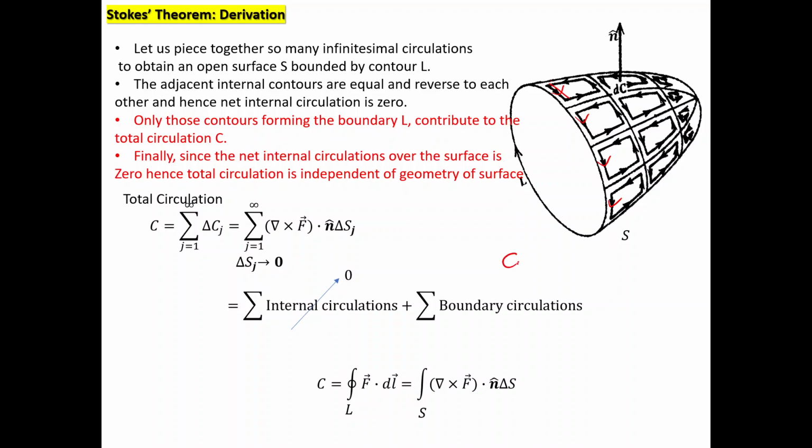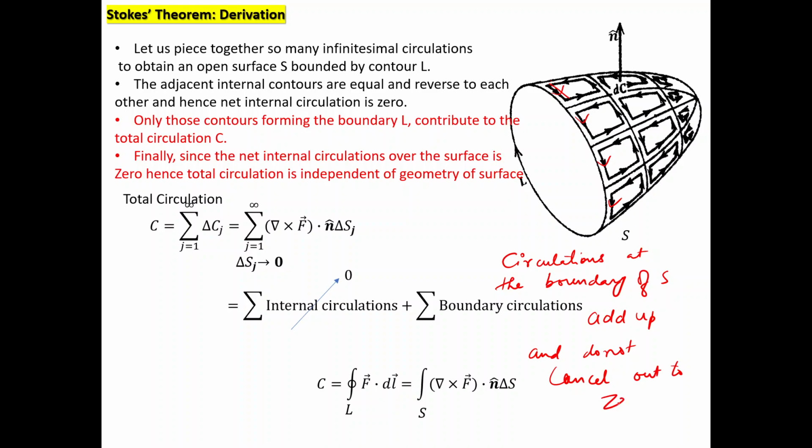That is, circulations at the boundary of the surface S add up and do not cancel out to 0. That means there is a net non-zero circulation at the boundary.